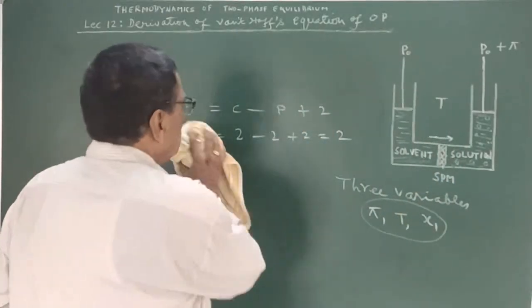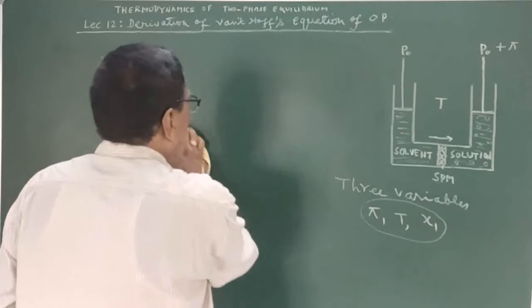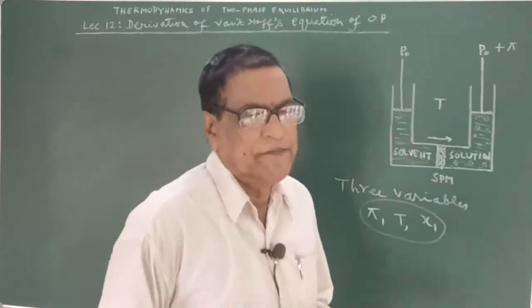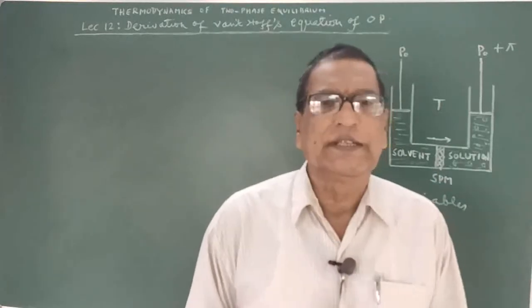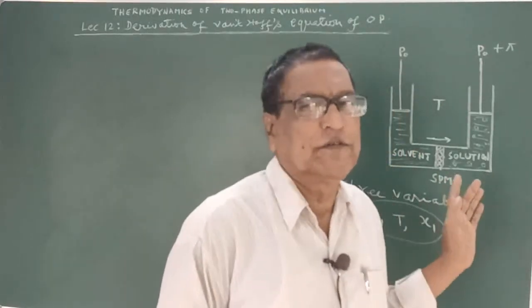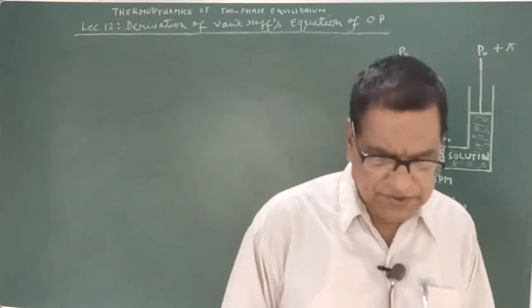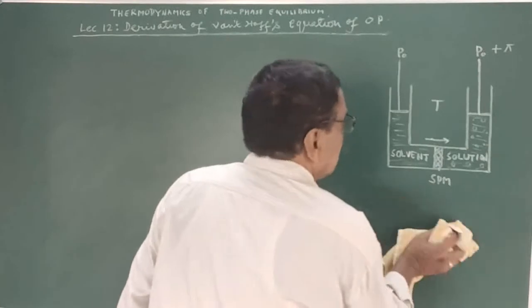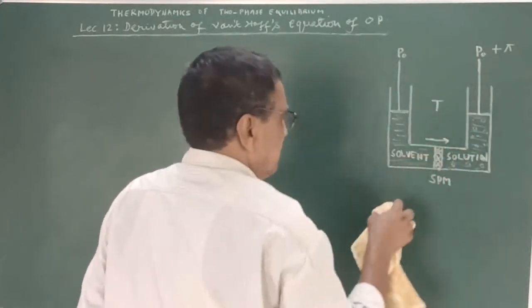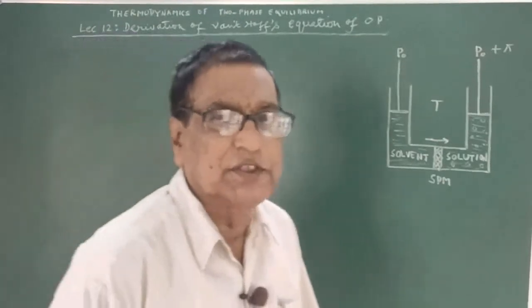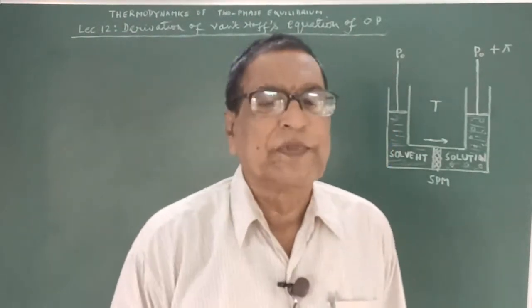So we would like to have a relation between these three variables by using the concept of chemical potential of the solvent on both sides. So pi is the osmotic pressure here, T the temperature, and x1 is the mole fraction of the solvent in solution.